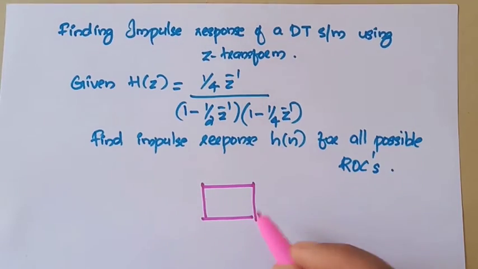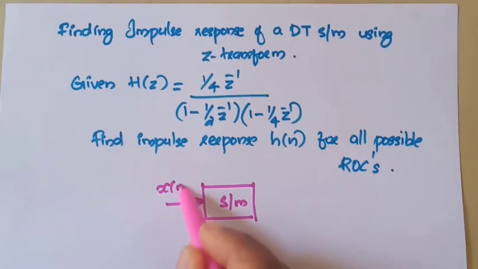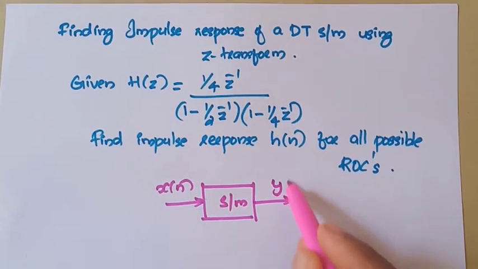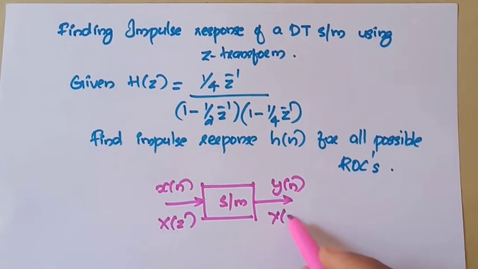Let's consider a system with the input x of n and output y of n. Z transform of input x of n is represented by capital X of z, and that of y of n is capital Y of z.